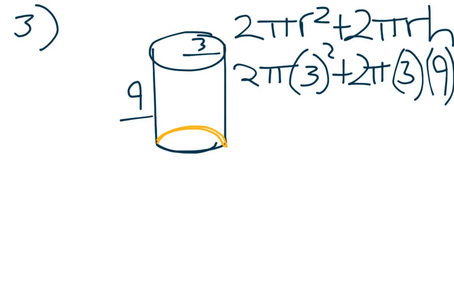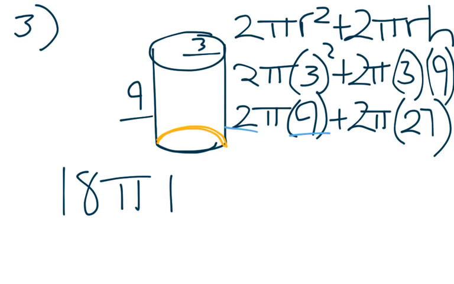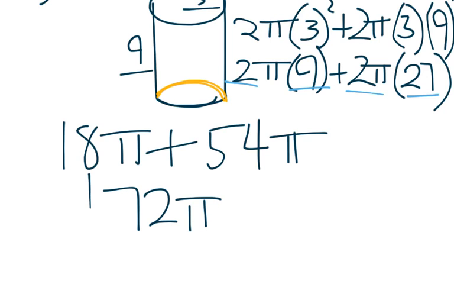So 3 squared is 9, so we have 2 times pi times 9 plus 2 times pi times 3 times 9, which is 27. So 2 times 9 is 18, so we have 18 pi plus 2 times 27, which is 54. So we have 18 pi plus 54 pi, and that equals 72 pi. So this is your answer for number 3.